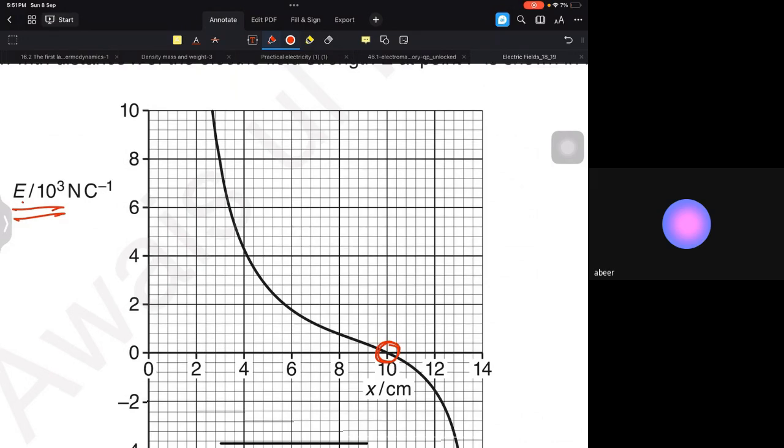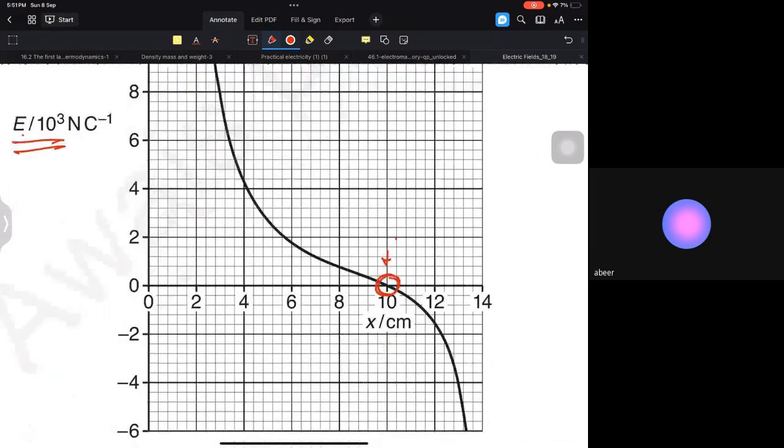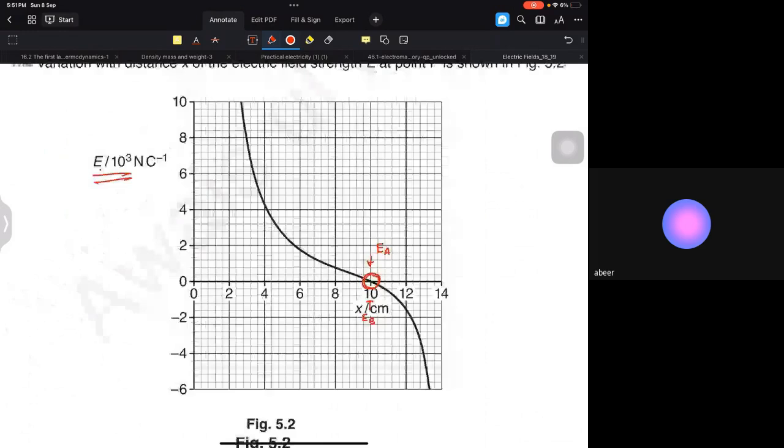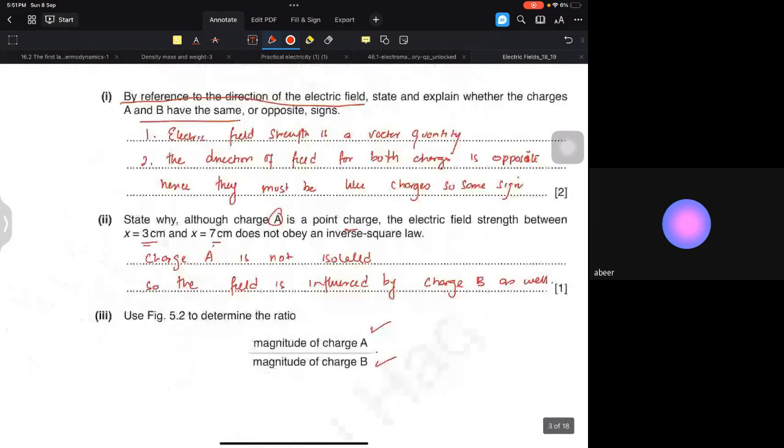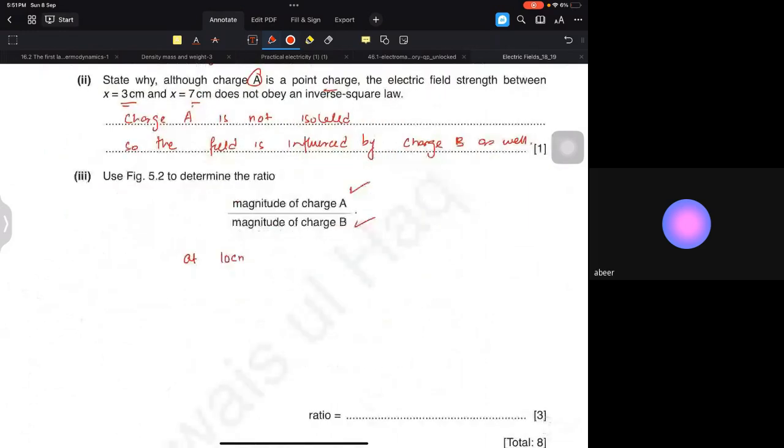Which means that at this spot, the electric field strength of A and the electric field strength of B must be equal, because that is the null point. Is that clear, kids? Yes, sir. So I'm going to say at 10 centimeter, electric field strength of A should be equal to electric field strength of B.